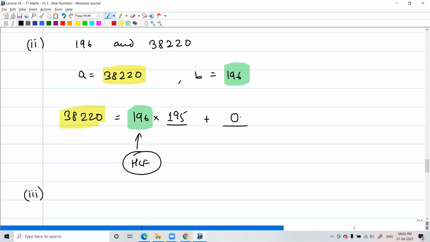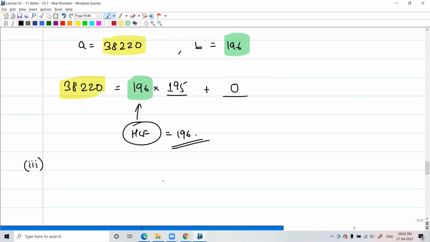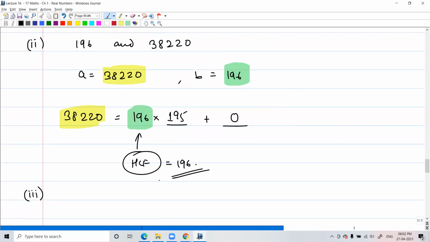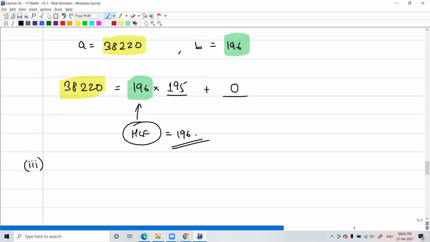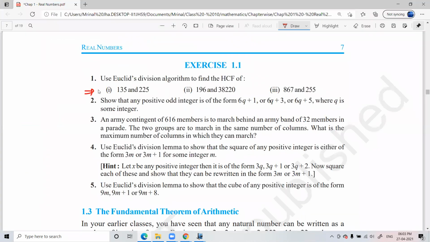Everyone had got this one? 196 is the answer. So it's common sense, right? This is directly divisible, so 196 will be the HCF. Okay, let's do the last one.